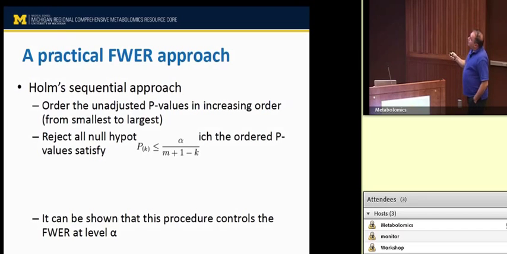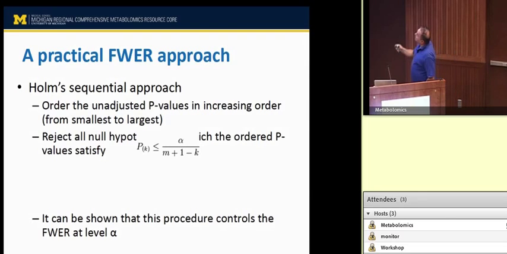Here is the 0.05 that you had regularly, but here you make it much, much smaller by first dividing by the number of hypotheses that you are testing. So if you have 20, this becomes 0.05 over 20, but then you keep adjusting it by the order that you see that particular value.